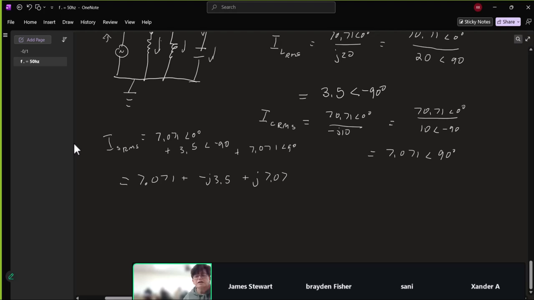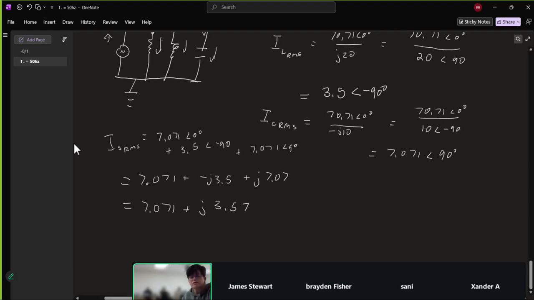So then I get 7.071 plus, about j3.57. And that would be the rectangular form.